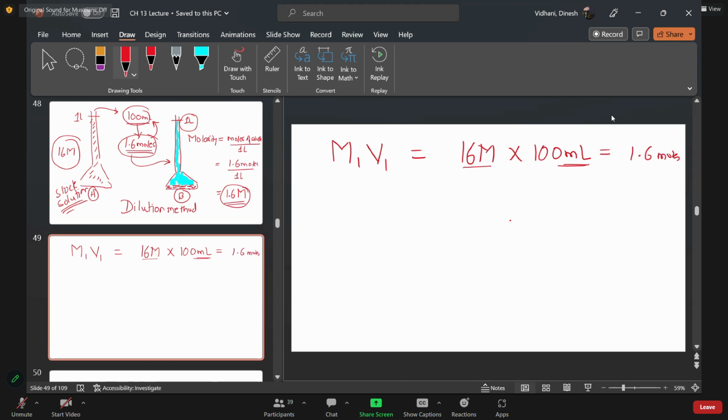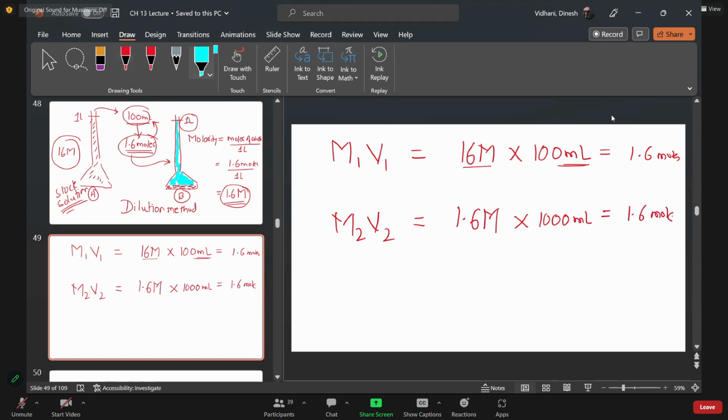But now when I made 1 liter solution out of it, that was another solution. That was M2 V2, right? Now look at the number of moles in that one. We just calculated using the long method, it was 1.6 molar solution, and we just use 1000 ml, which is 1 liter, 1.6 moles.